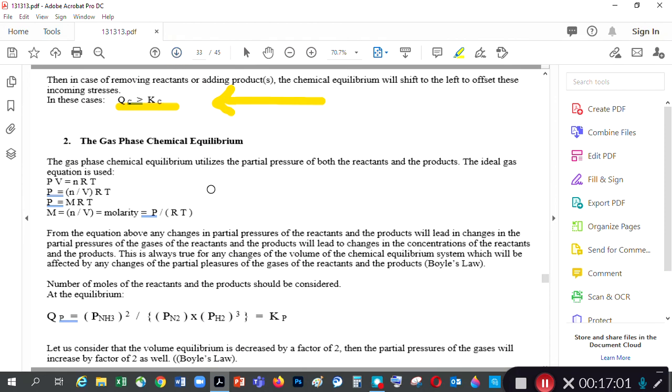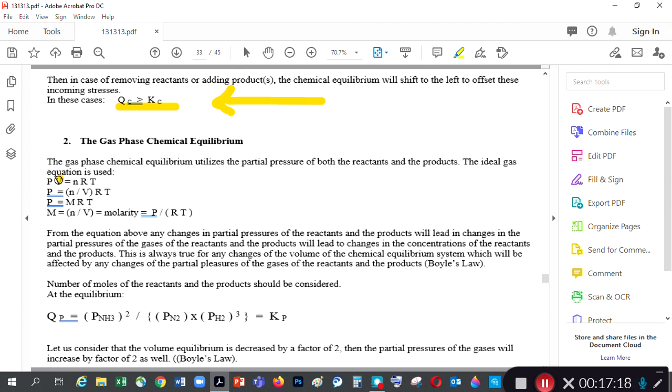Now we'll introduce the partial pressures of the reactants and the products. In order to connect the chemical equilibrium with the partial pressure, we have to go through the ideal gas equation, PV equals nRT. That's well known.